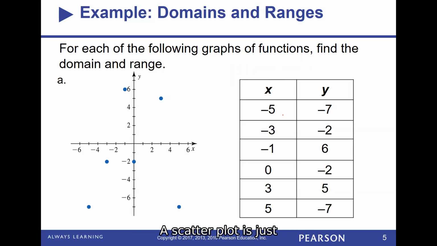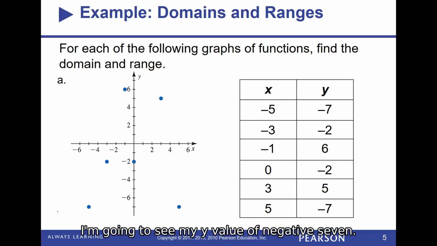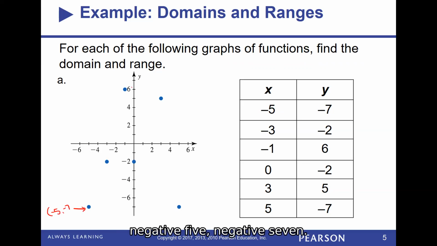A scatter plot is basically all the ordered pairs in a visual representation. As you'll see here, X is -5 and Y is -7. Here's X equals -5, and if I go down here, I see my Y value of -7. So this is that ordered pair, -5, -7.